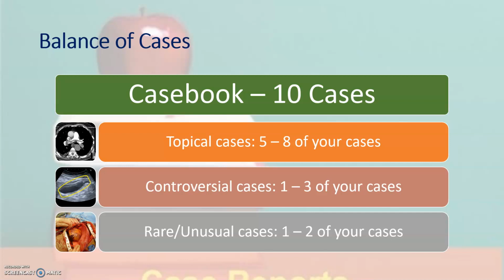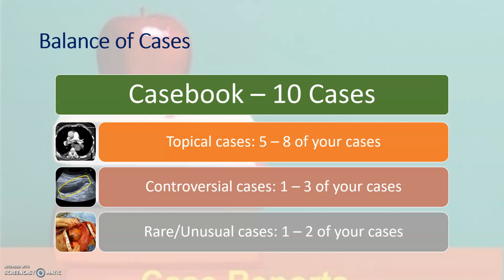You may want to put in 1 or 2 or possibly even 3 controversial cases if they are particularly relevant to the practice of emergency medicine. For your rare and unusual cases, I would suggest you stick to probably only 1 or 2 such cases. This represents a good balance of cases for your casebook.